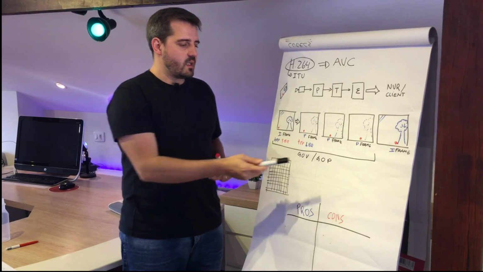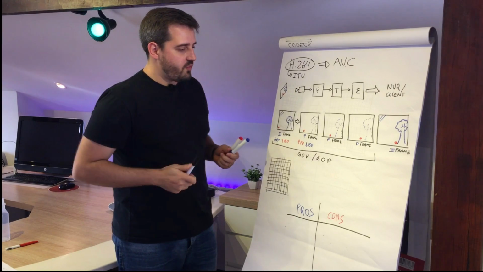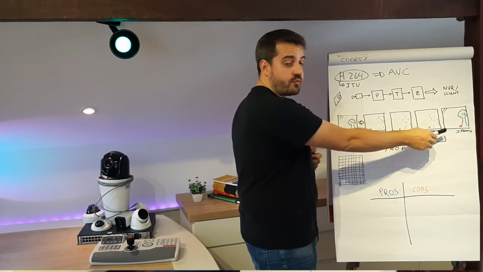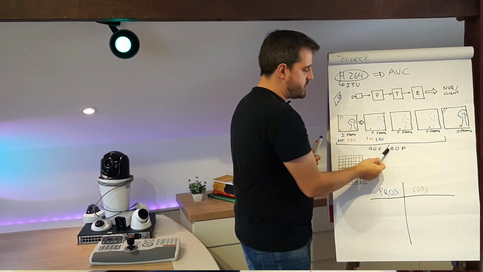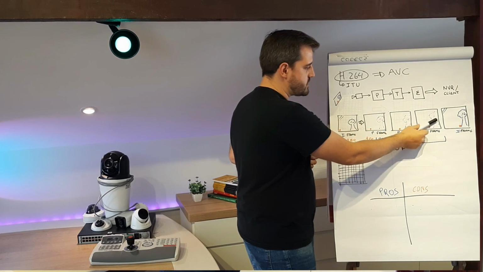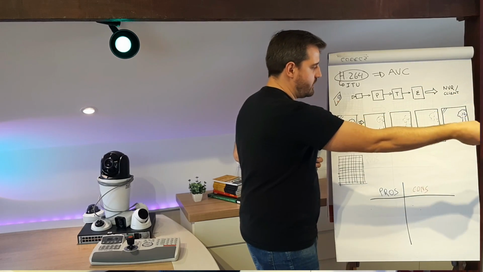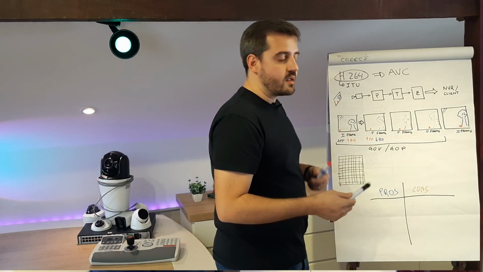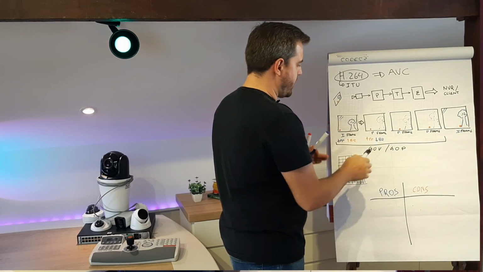So this is a setting that you can set in the cameras that will define how many frames I want to send, considering the iframe and the P frames. So in this example, we are setting a GOV or GOP as 4, right? 1 iframe and 3 P frames. And then it will start again with the next iframe, and it will send 3 more P frames, and so on, and so on, and so on. Okay, so this is how it looks.